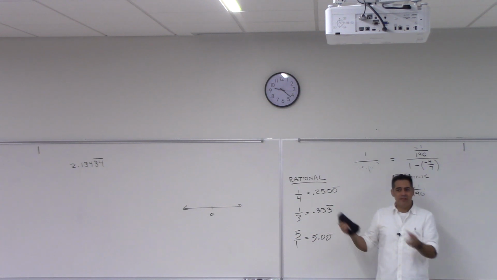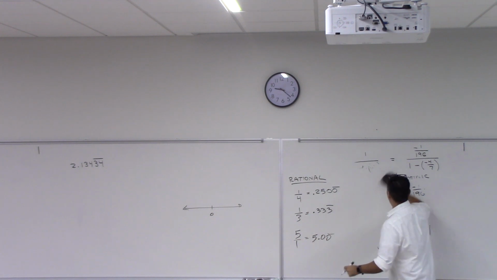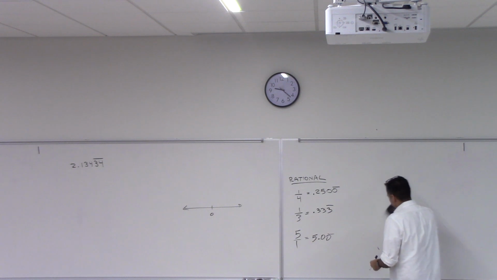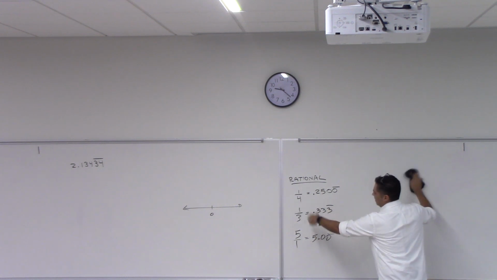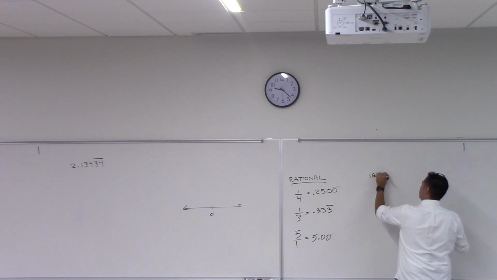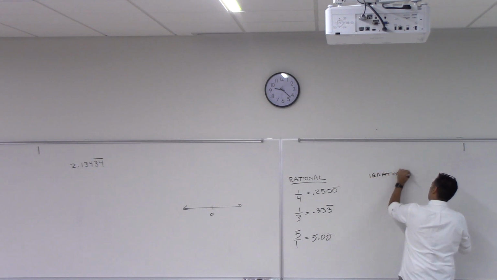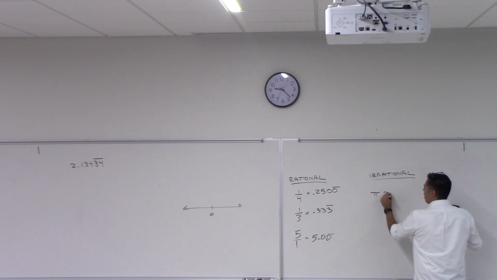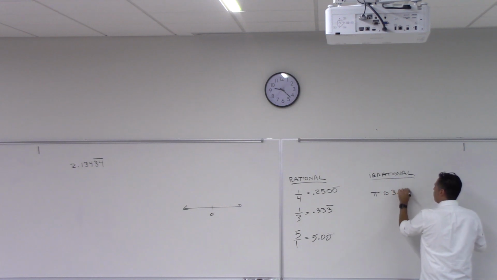Irrational numbers are things that don't do this. So irrational numbers, and by the way, these could be negative as well, that doesn't change anything, are things like pi, right? Which is approximately 3.1415.